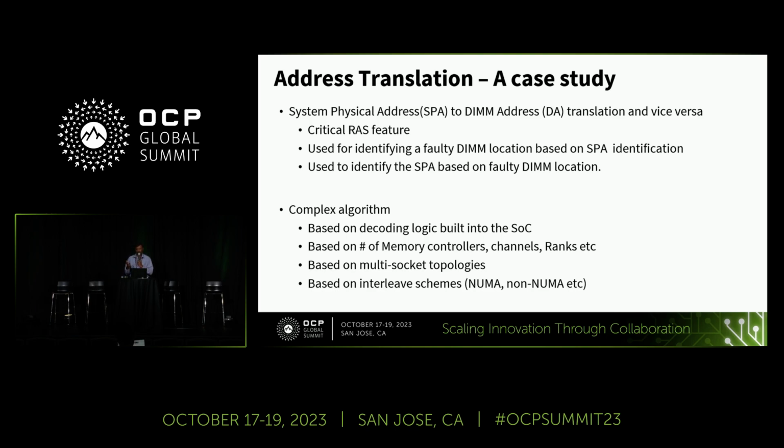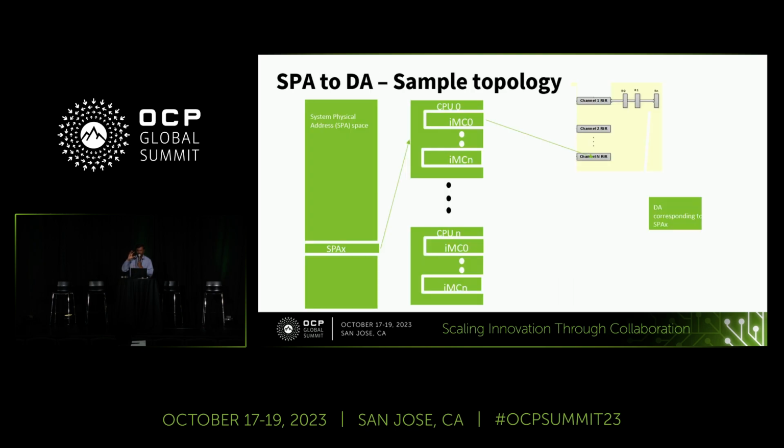These things are getting more complex as we have more interleave schemes, NUMA domains, multiple sockets and things like that. Basically, just to picturize it, on the left, you have the system physical address space, right? The entire memory address space.